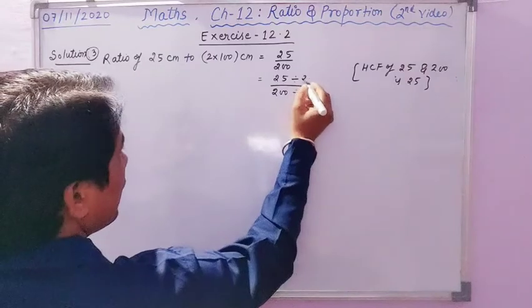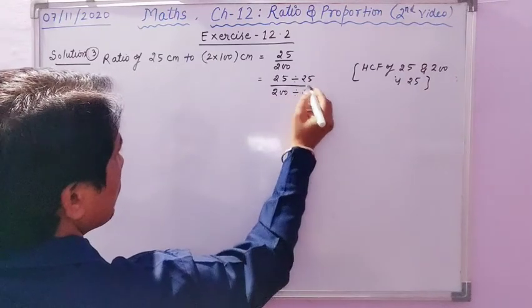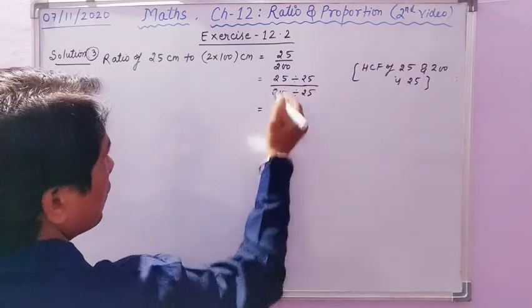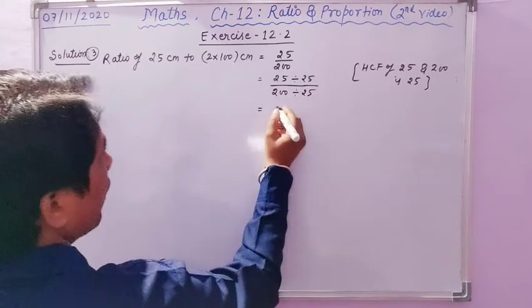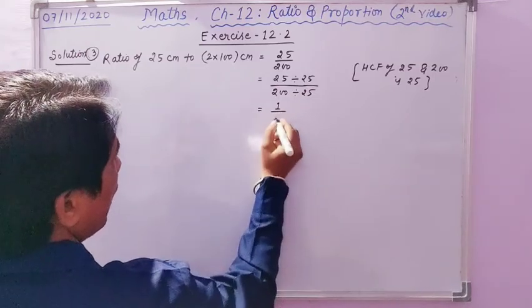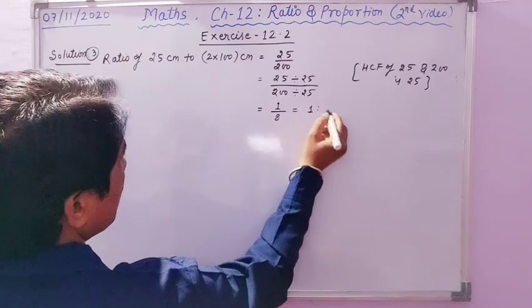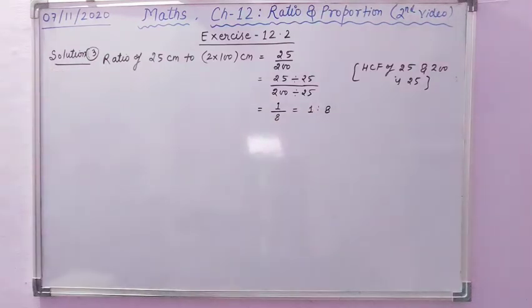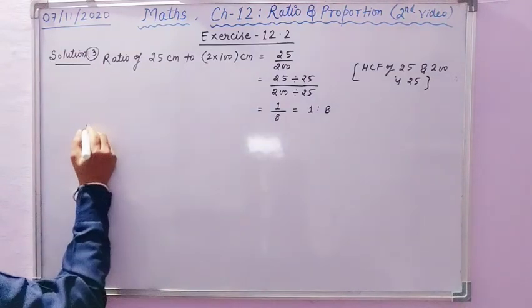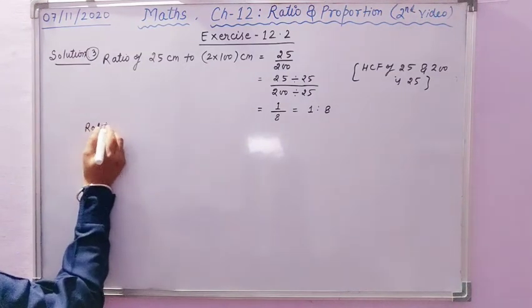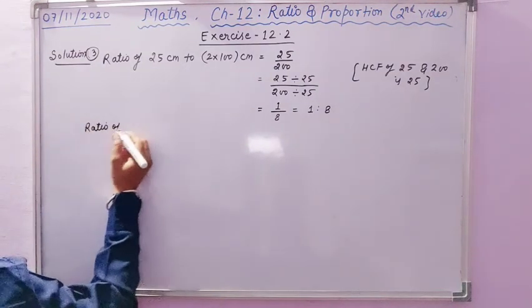So I am dividing both the numerator and denominator by 25. So I am getting 8. So the ratio is 1:8.